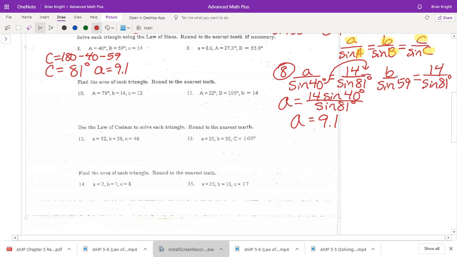Okay? Same process. Sine of 59 goes over there. b will be 14 sine of 59 over the sine of 81. That should be 12.1. What'd you get? 12.1.